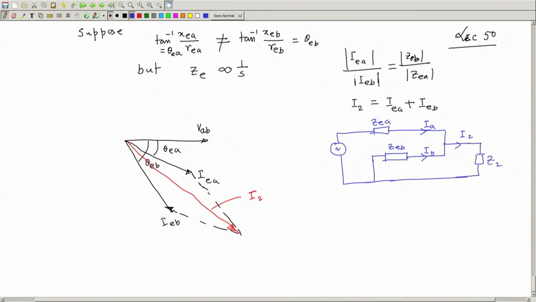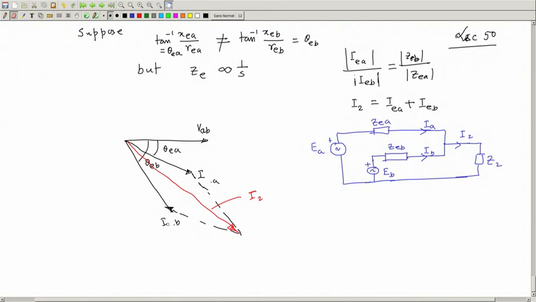This is the same thing. Here the sources will be EA and EB. So, your I2 is equal to IA plus IB, for transformers A and B.